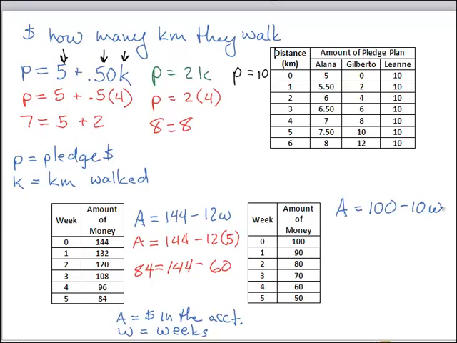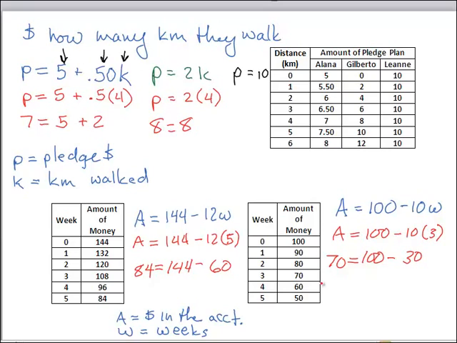And again, let's choose 3. So for my example, I'm going to choose 3 to check whether or not my equation is correct. So we've got the amount of money is equal to $100 minus $10 per week times 3 weeks. And 10 times 3 is 30. 100 minus 30 is equal to 70. And at week 3, it was $70.